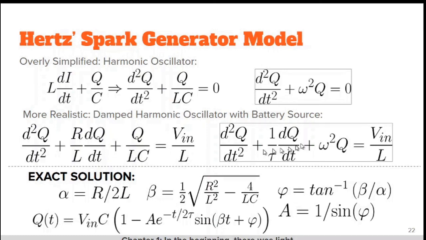And what you get when you solve this, because the general solution of this is actually a times the exponential of root 1 times time, plus b times another exponential where there's another root 2 times time.